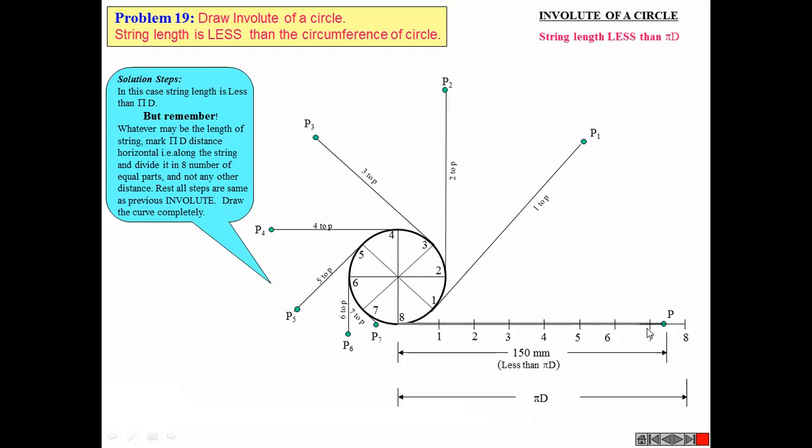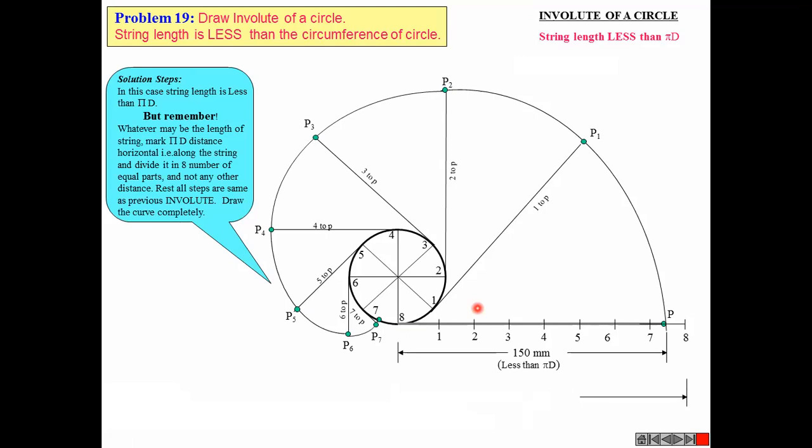Na? It won't complete. Its length is less than perimeter, so it won't touch the first point. So that's why here we are having one gap. This gap is there. That is the reason why this gap is there. Fine. So now what we will do, we'll smoothly join all these curves like this.